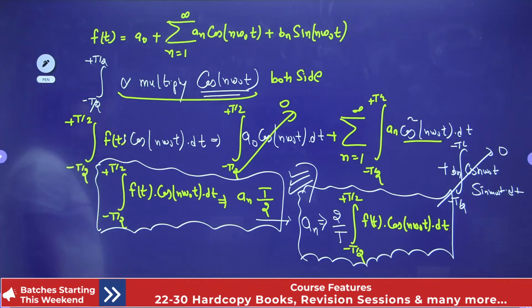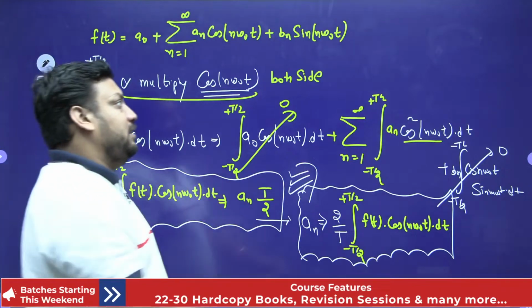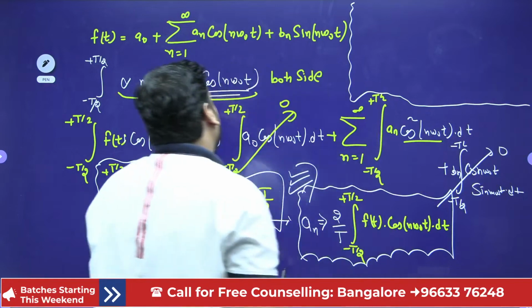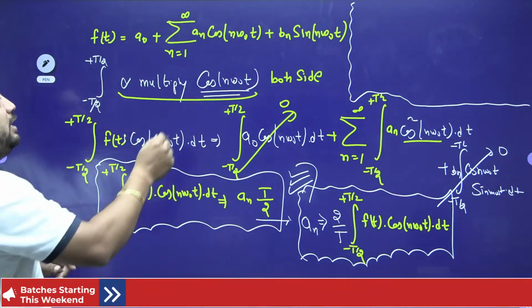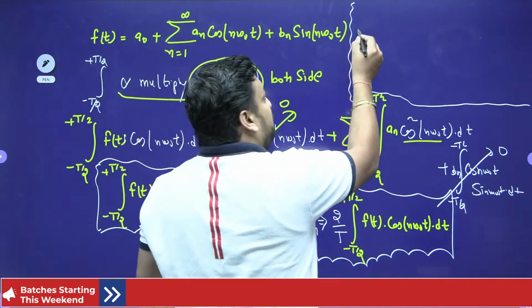Good afternoon. Let's go. So if the an formula is clear, similarly I can write the bn formula. In the bn formula derivation, I should multiply both sides with sine instead of cos. So what will I get as the bn formula now?